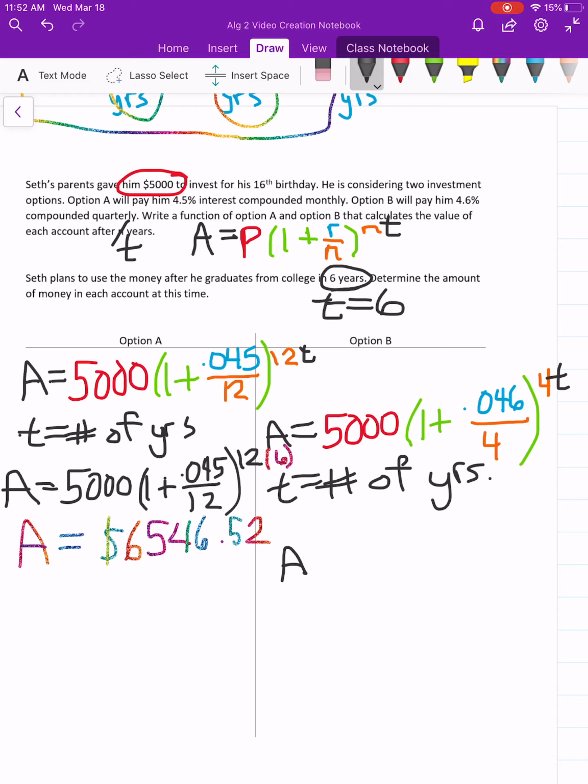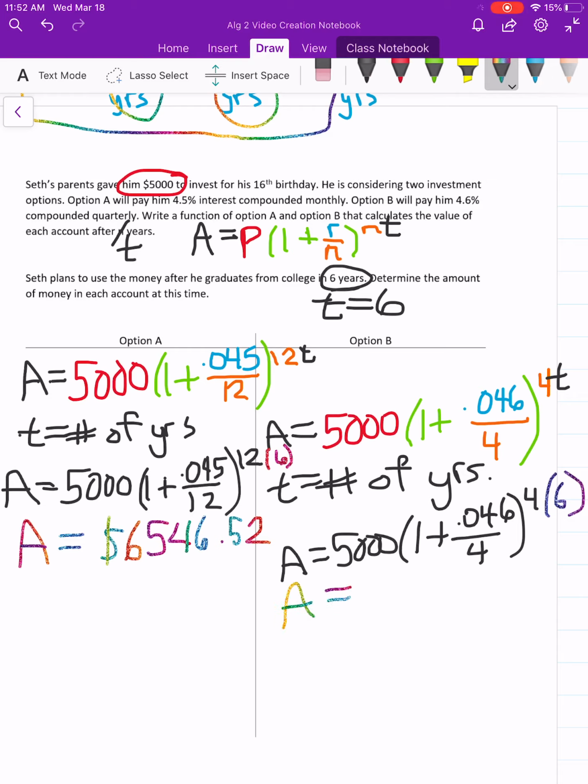And we can do the exact same thing for option B. Let's do A equals 5,000 times 1 plus 0.046 divided by 4 raised to the 4, and now t equals 6. And that is going to be an amount of $6,578 and 87 cents.